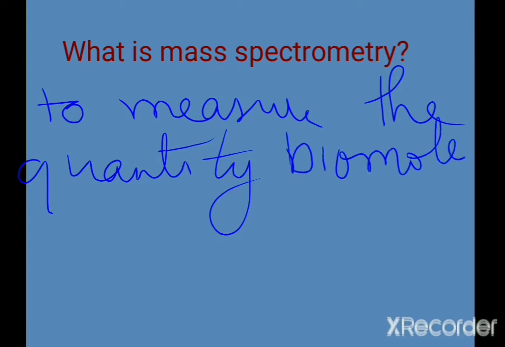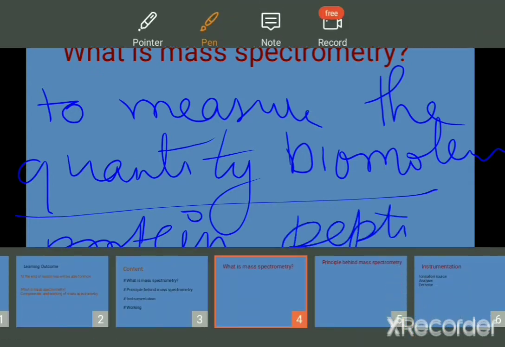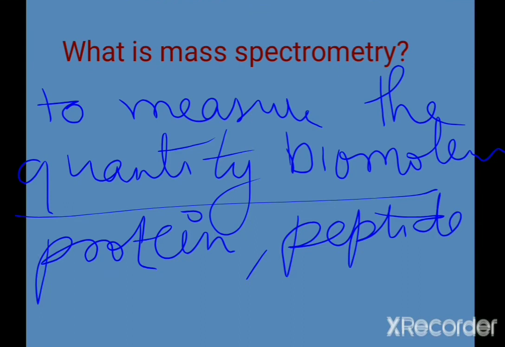So which type of biomolecules? Like proteins, peptides or nucleic acids. So these biomolecules can be estimated, their weight can be estimated, quantity can be estimated through this mass spectrometry technique.